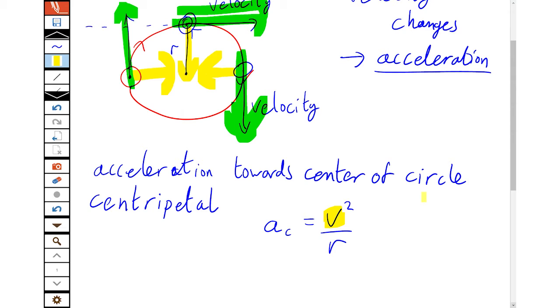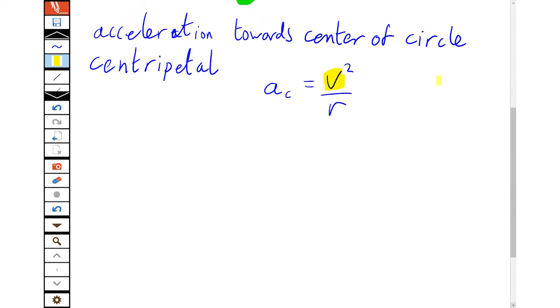So you're always going to have this acceleration towards the center of the circle if you're going around in a circle. That's not the only acceleration you could have. That's acceleration because we're changing direction. But what if we're speeding up as well? What if we're going around in our circle and we're getting faster?